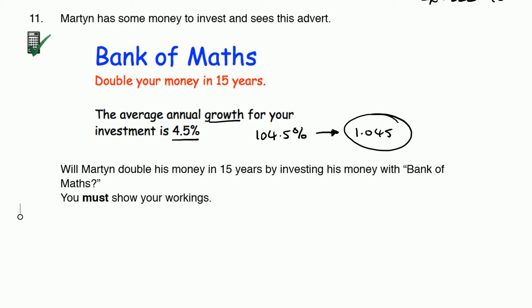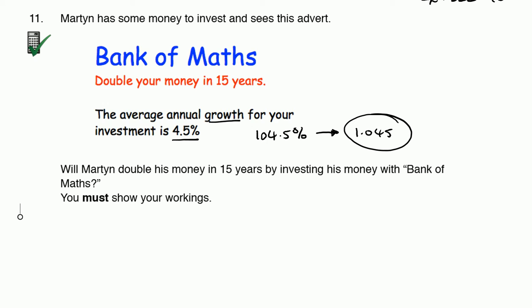Now, we might detect a bit of a problem here in that we don't know how much money Martin has. And this could be very confusing. In fact, it doesn't matter how much money Martin has. The Bank of Maths says whatever your money is will double it in 15 years. So let's just pick an amount of money for Martin. I'm going to pick £100. You could pick any number you liked, and you could still do this question starting with your choice.